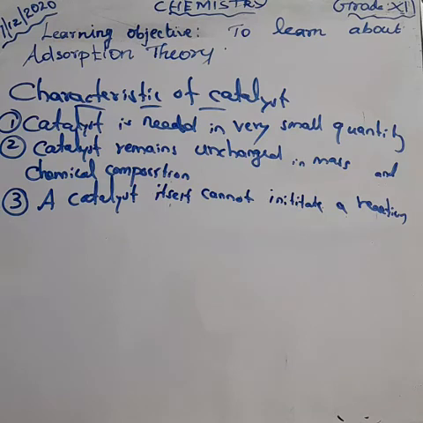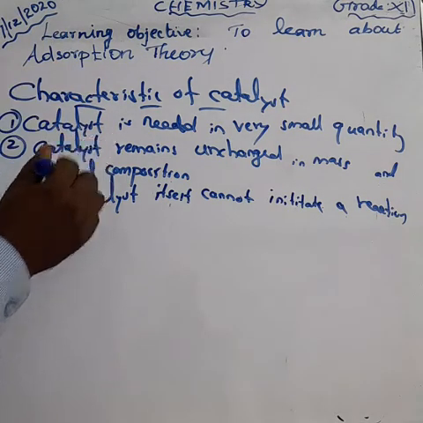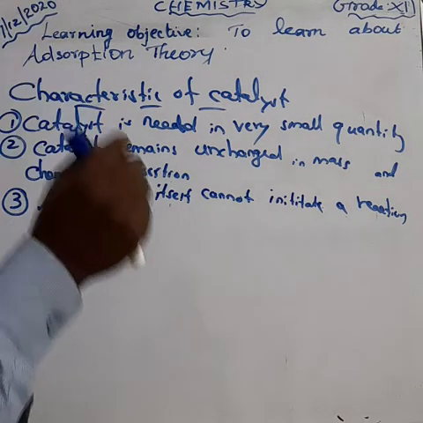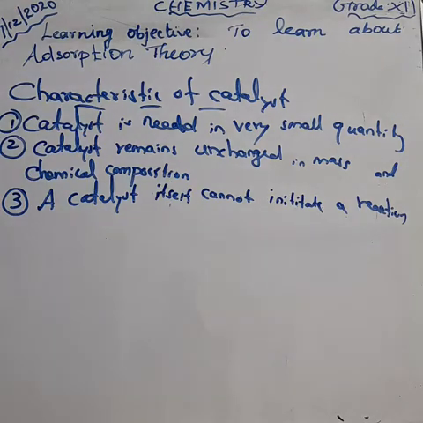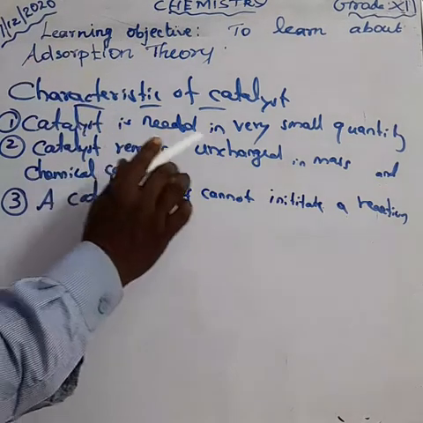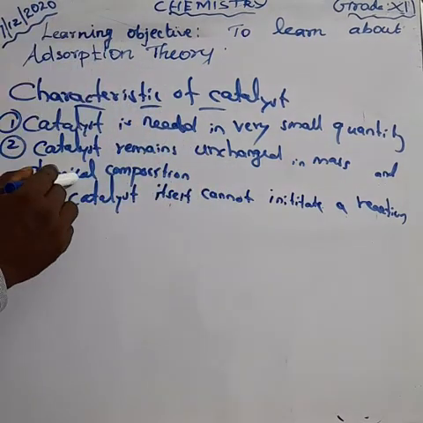Clear? What's the concept? First, for a chemical reaction, a catalyst is needed in a very small quantity for the bulk of the reaction. Second, the catalyst remains unchanged in mass and chemical composition.